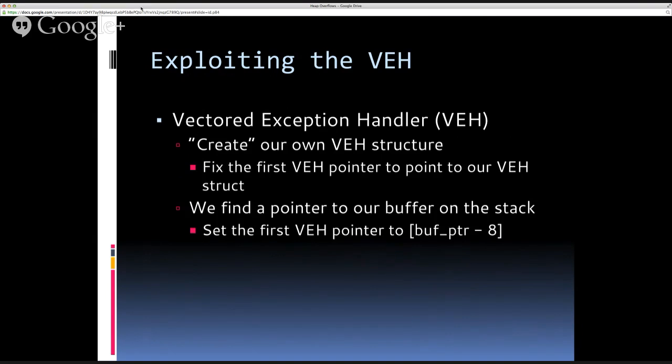So to do this exploit, the idea is that we want to create our own handling structure, and then fix that first VEH pointer, the one that's hard-coded, to point to our struct. Okay, and then we'll find a pointer to our buffer on the stack, and then set the first pointer to be that buffer pointer minus 8, right? And that way we'll get to call the handler.